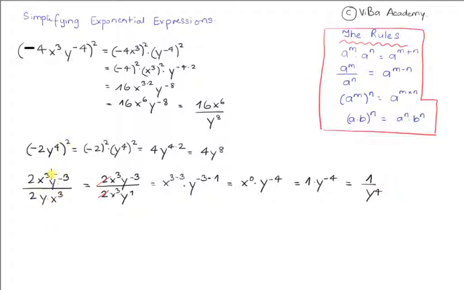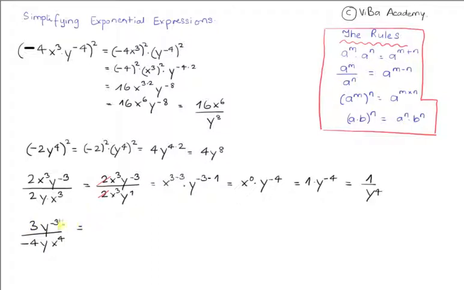We have 3y raised to negative 3 over negative 4y x to the 4. Now this is straightforward. Firstly, if there's any stray negative in the denominator, I'd like to push it back up to the numerator.